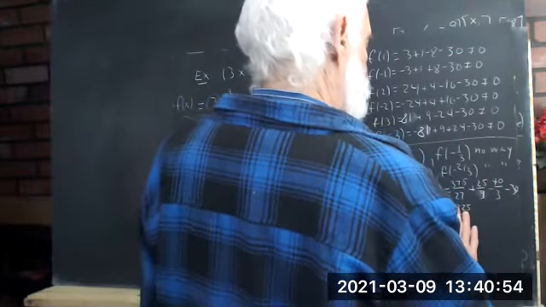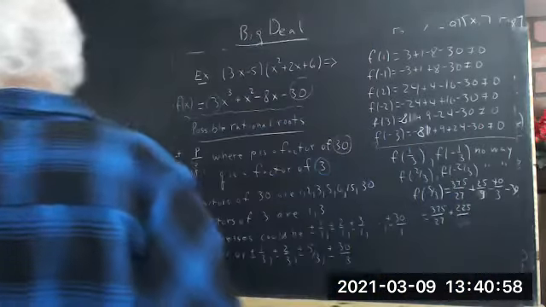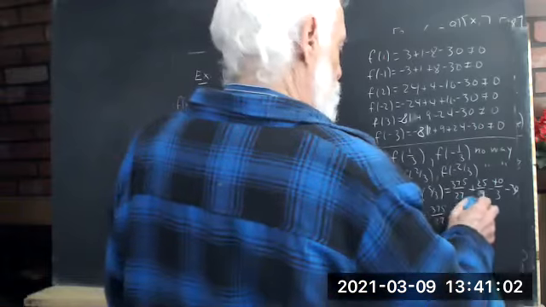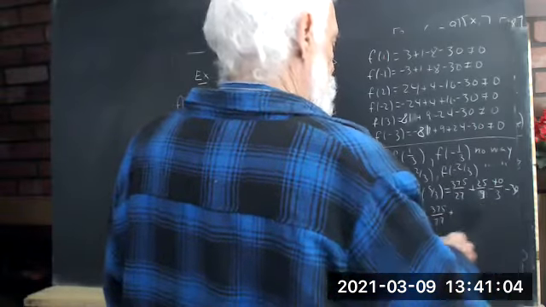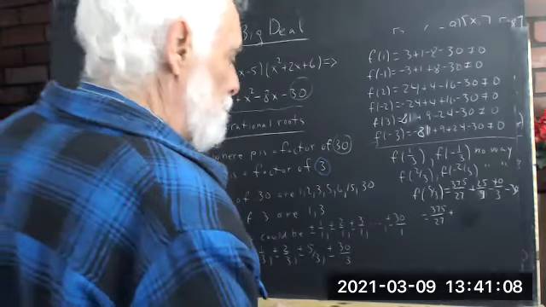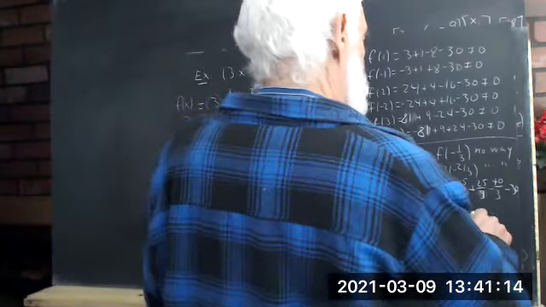So it's going to be a little hard to read if I don't do this neatly. Okay, so that's going to be 75 over 27.